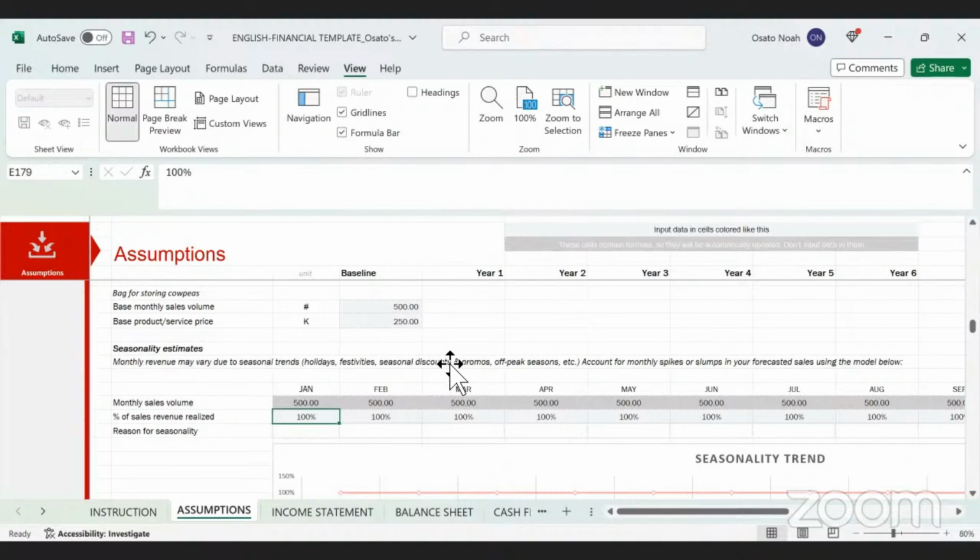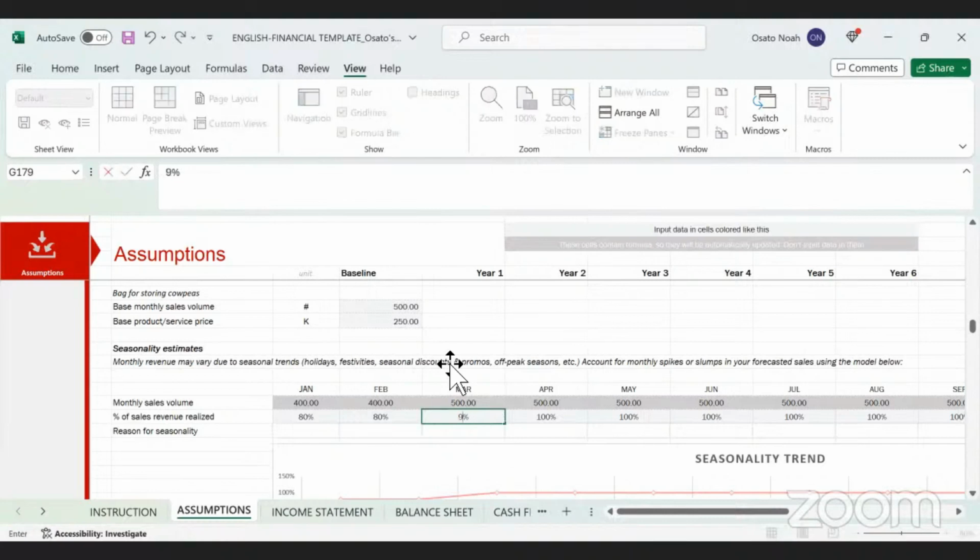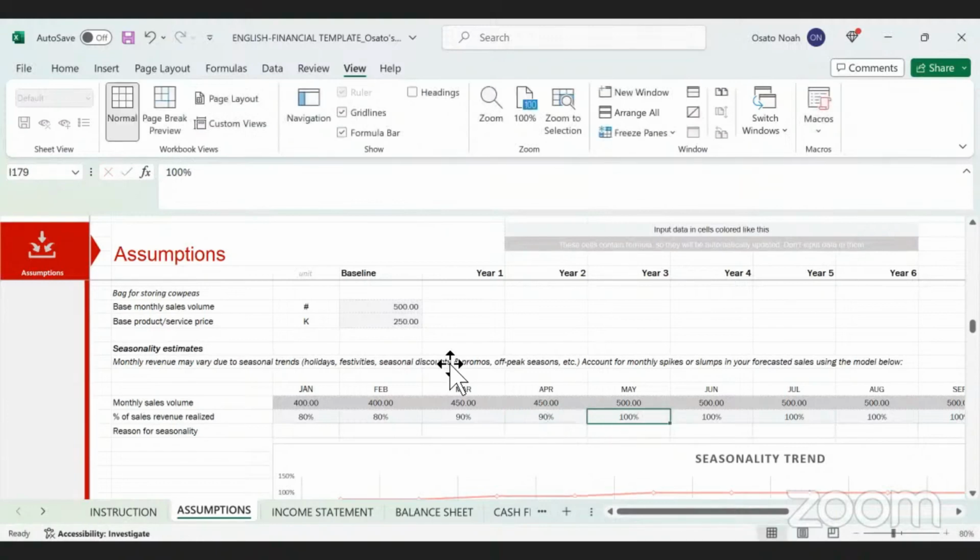There are instances where you make adjustment that you could only do 80% in year one, 80% in year two, because you are ramping up, and then maybe 90% in year three, 90% in year four, and then you continue to ramp up production, maybe from year three, rather you start having your 100%. But what this does is, the percentage of sales revenue realized is taking into cognizance your production as well as how much of those things you produce that you will sell.